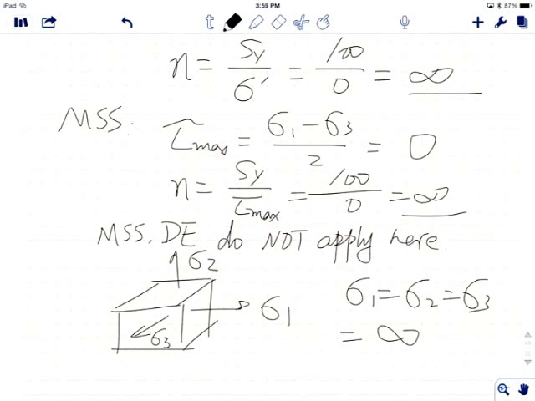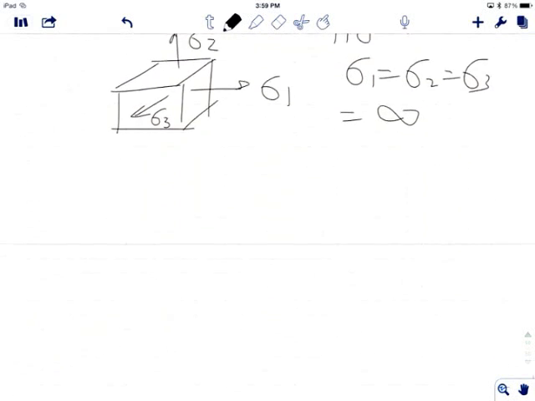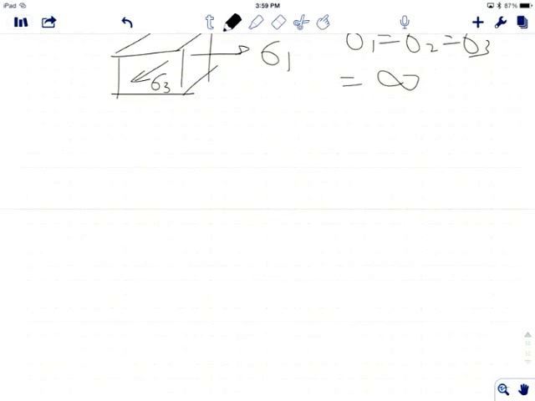So once we have hydrostatic loading, that tells you the maximum shear stress and the distortional energy criteria don't apply, right? So infinity doesn't mean, from a physical point of view, that it has infinitely large design safety factors. Okay, so we're done with this example.